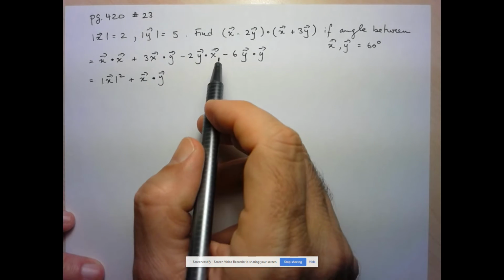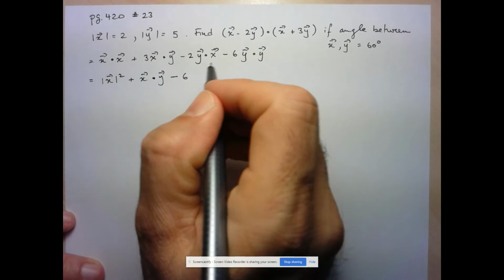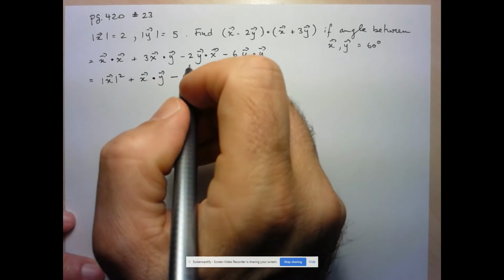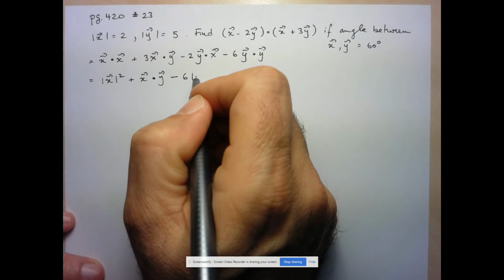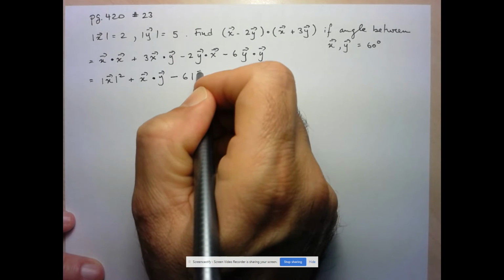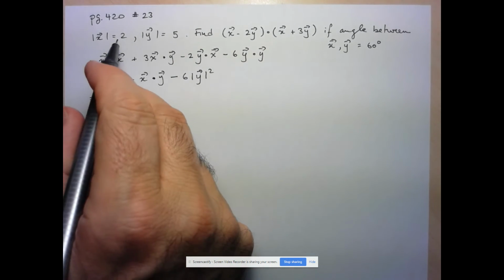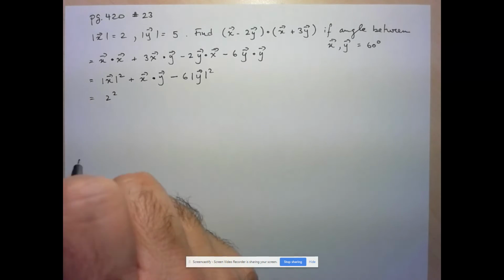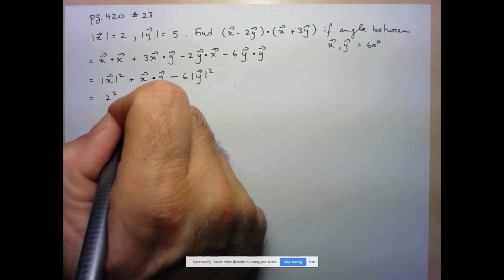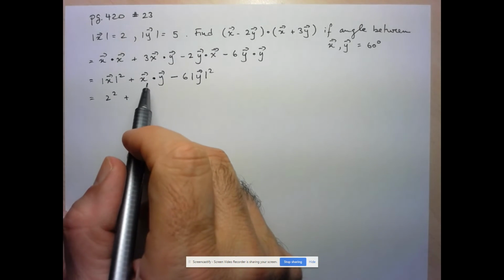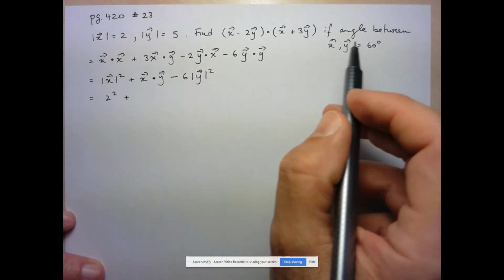And then here we have, again, that a vector dotted with itself is just the magnitude squared. So this is negative 6 times the magnitude of y squared. They gave us the magnitude of x, it's just 2, so 2 squared. Now here we have the magnitudes of x and y, and we know the angle between them.